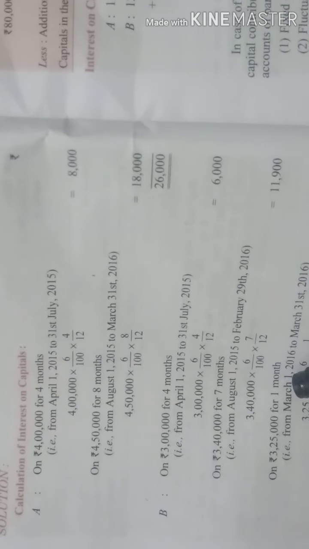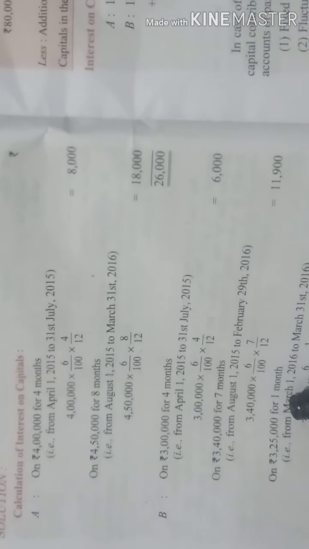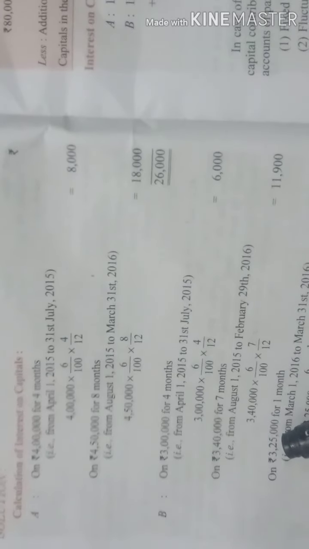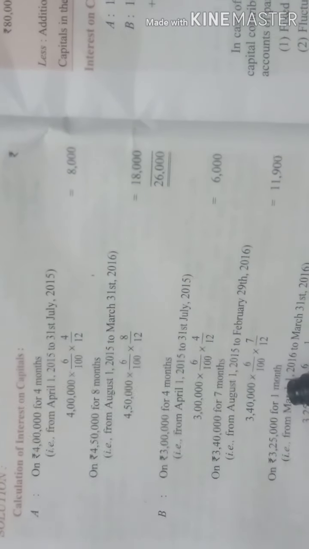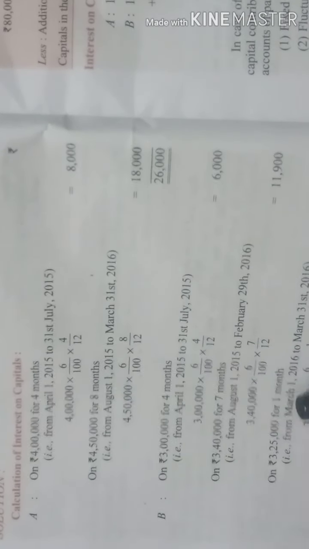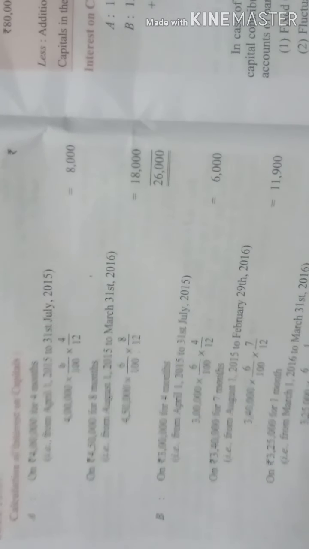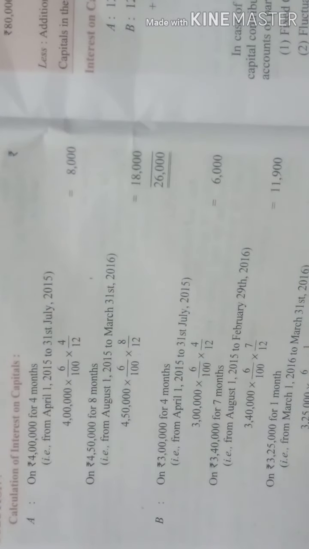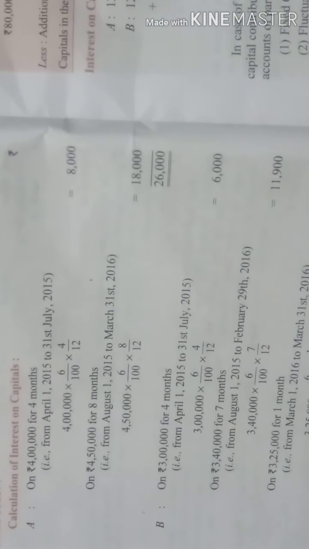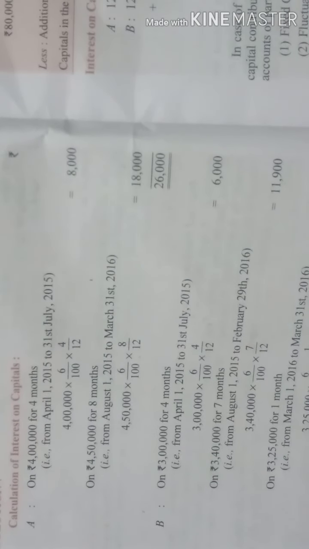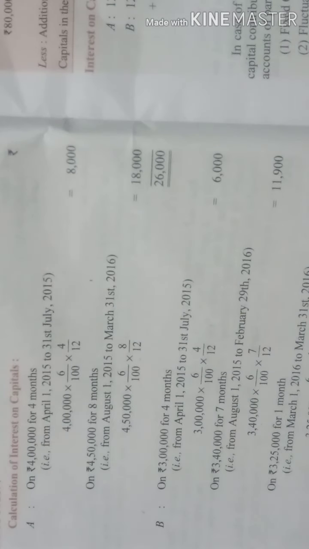Now for 1 month, 3,40,000 minus 15,000, the amount which he withdrew, gives us 3,25,000. That means for the last 1 month, complete March, the capital of B was 3,25,000. Okay, so for 1 month we will calculate interest on 3,25,000. This will give us 1,625. Total of 19,525 as interest on capital for partner B.